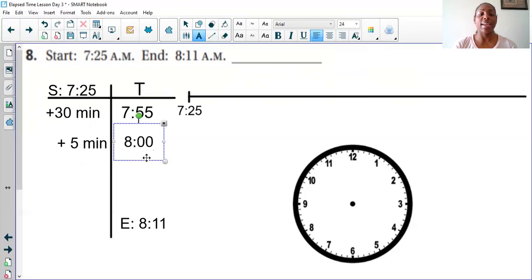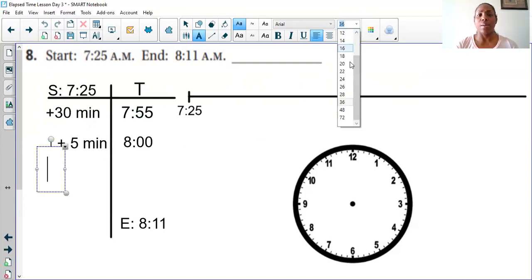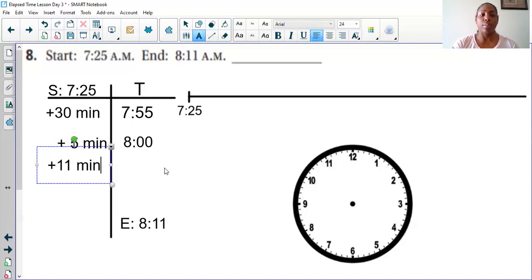So now I'm in the 8 o'clock hour, and I still need to go how many more minutes to get to 8:11? That is correct, just 11 minutes. So we're going to just add 11 minutes. So what is my new time? It's 8:11. Very good.